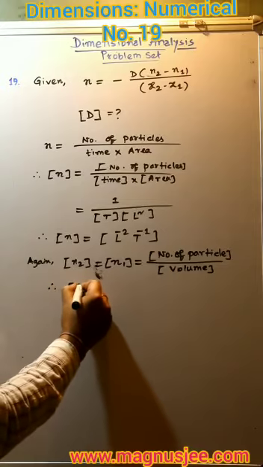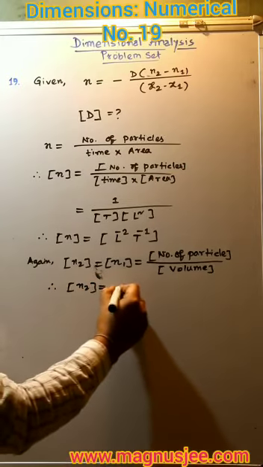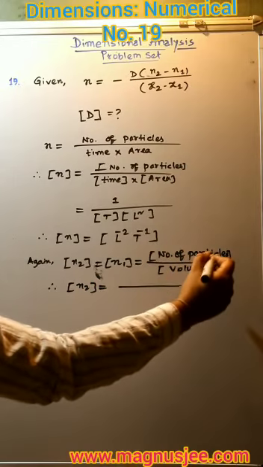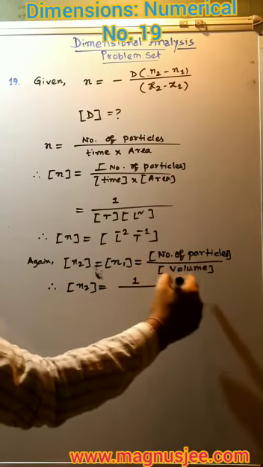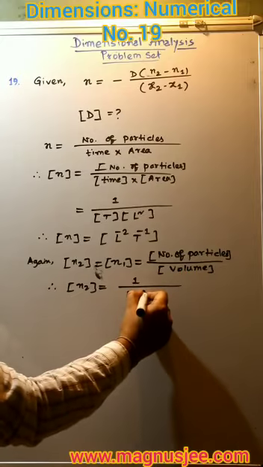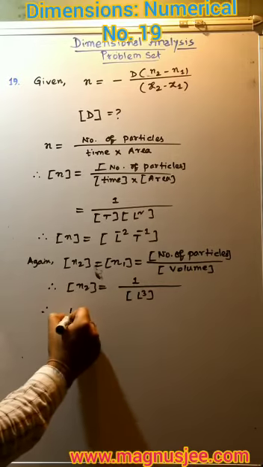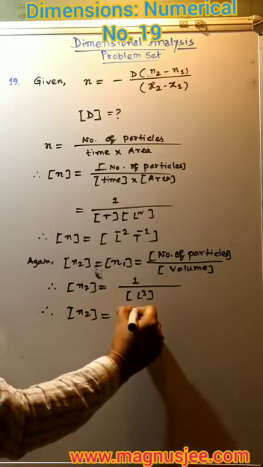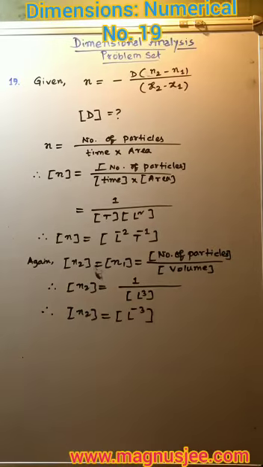Hence the dimension of n2 is the number of particles, which has no dimension, that is 1, divided by volume, which has dimension L cube. Hence the dimension of n2 is only L to the power minus 3.